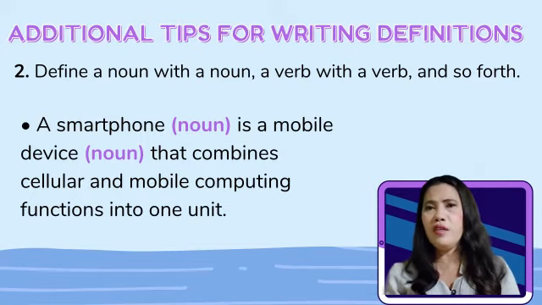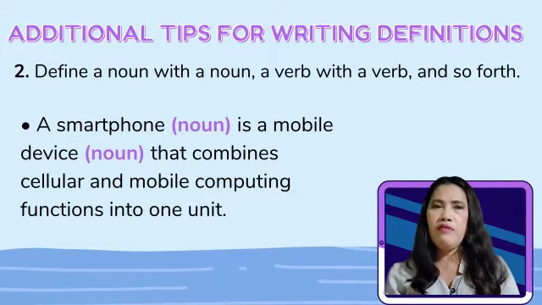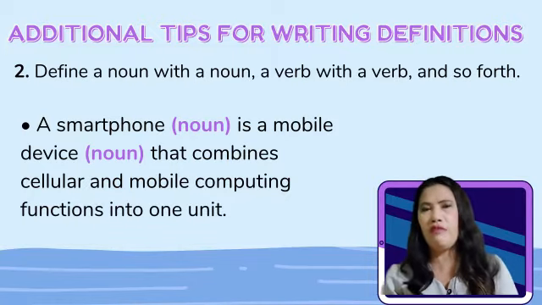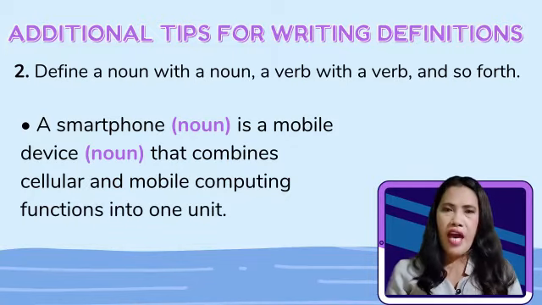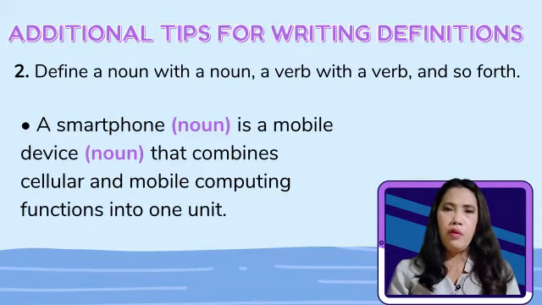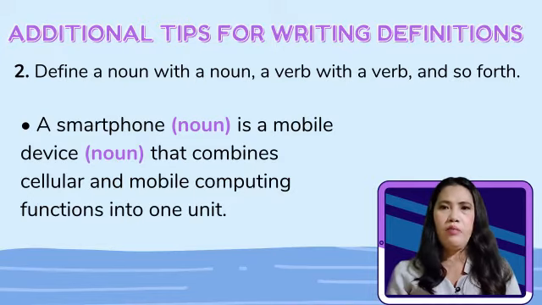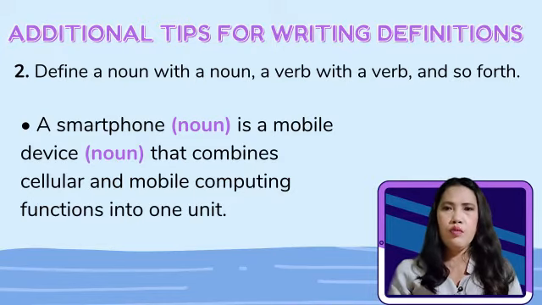If the term is asking for a definition of a noun, then go for a noun. But if the term is a verb, we need to stick to a definition which is a verb. So there you have an example. A smartphone, which is a noun, is a mobile device that combines cellular and mobile computing functions into one unit.